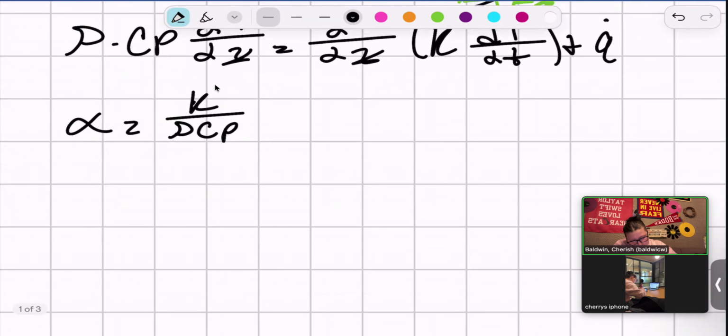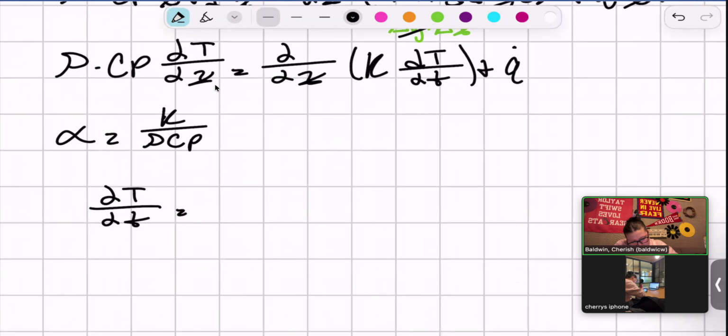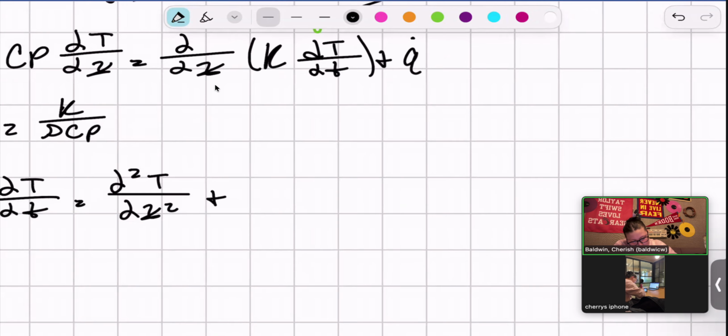So then we get the second derivative of temperature over position plus q over c p.